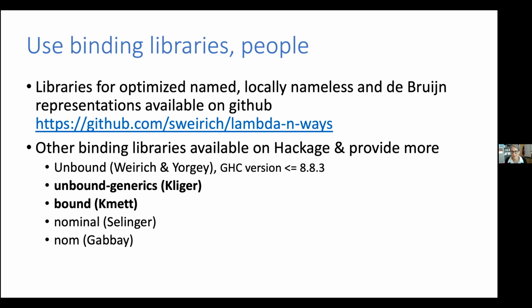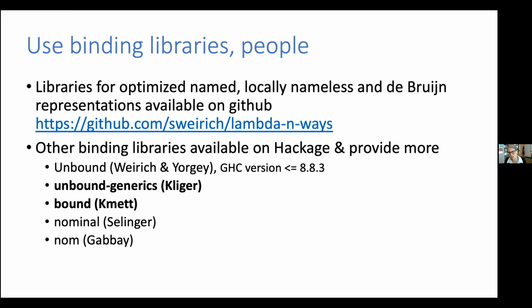I want to point out that there already are a lot of binding libraries out there. If you look on Hackage, Brent Yorgey and I worked on one over 10 years ago now. That one is not really maintained anymore because it's based on Template Haskell to do the generic programming. And since Template Haskell has been updated, I really don't want to update that library.